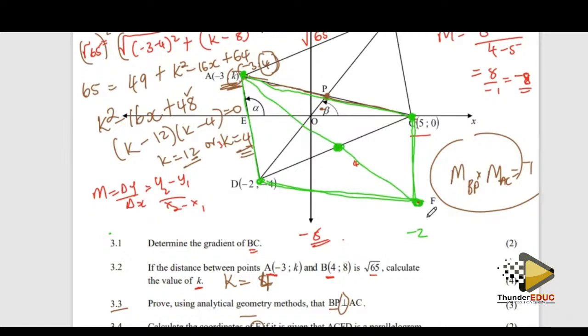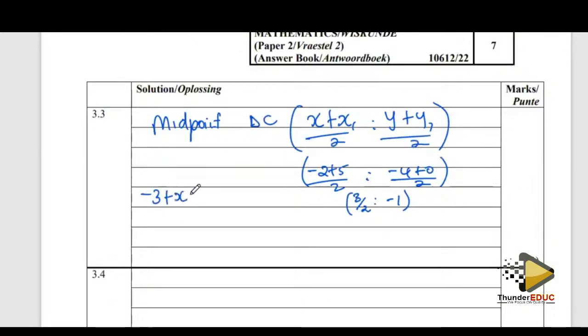Then, what we said was that if we draw this diagonal also, diagonal AF, this is also going to have the same midpoint, which means if I call the coordinates of F X and Y, if I get the -3 plus the X divided by 2, I must get the 3 over 2. And then if I get the 4 plus this Y divided by 2, I must get -1. So -3 plus the X of F over 2 must give us this X coordinate of the midpoint.